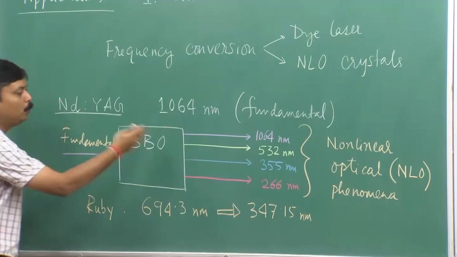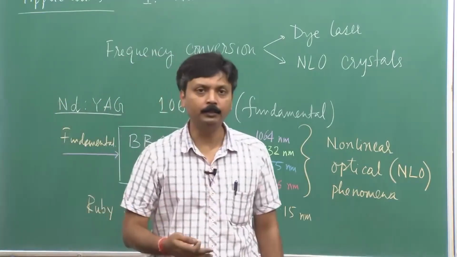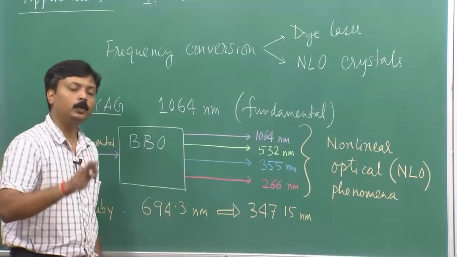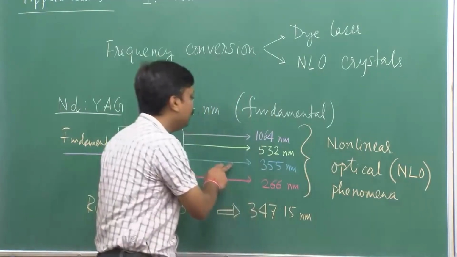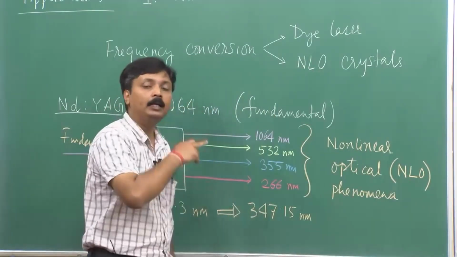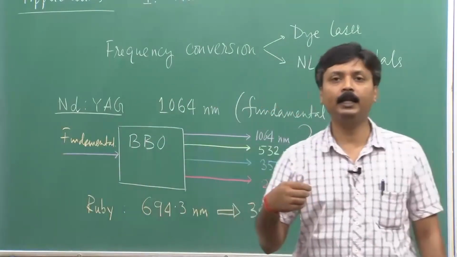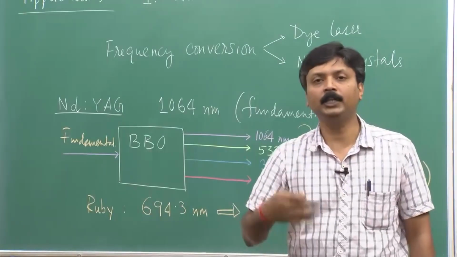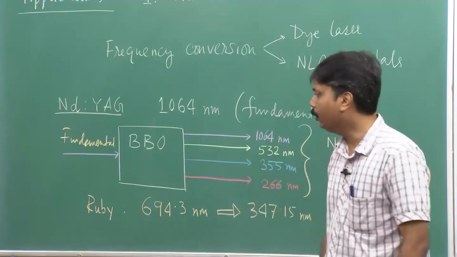Whatever the output, whether harmonic or some other wavelength, it will be just like a laser. So even though I do not have an active medium which can directly give me this laser wavelength, I can use another laser and a nonlinear optical material, and frequency convert to achieve just another laser at another frequency.